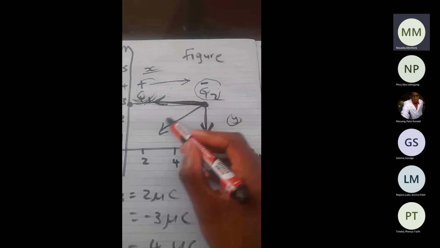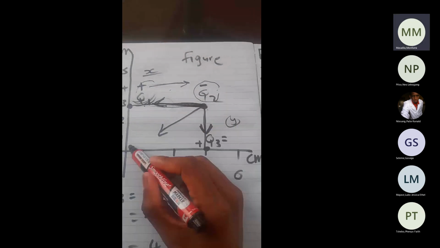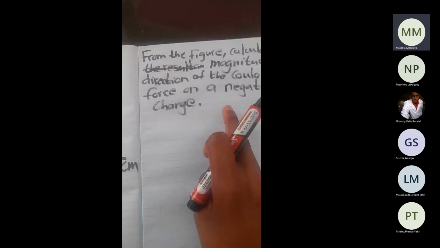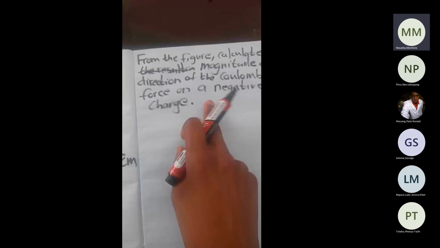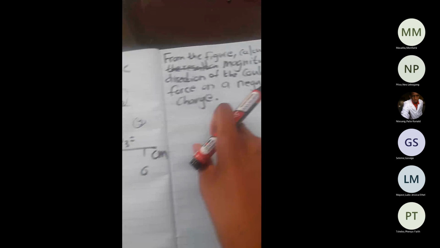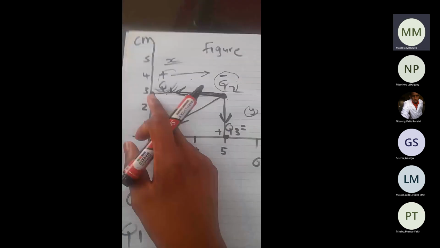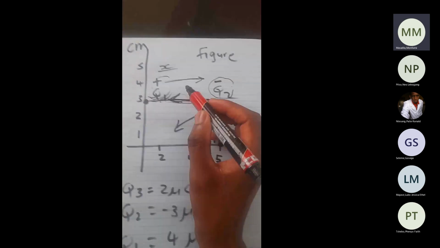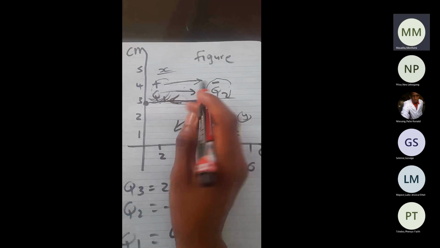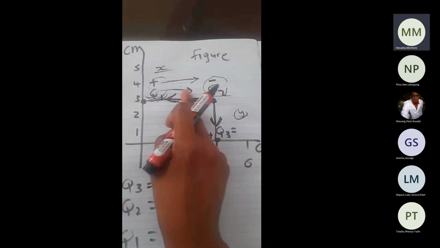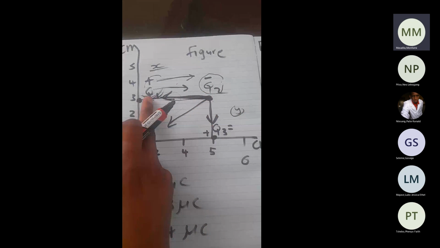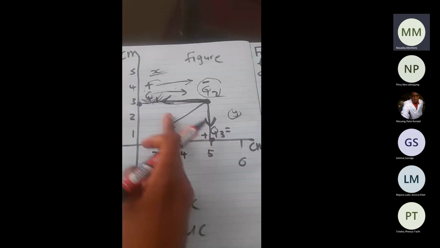So this is our resultant. In this question, we can say force on charge 1. When we say force on charge 1, our arrows will be like this. This attracts to this. This and this, they are positive, so what do they do? They repel.